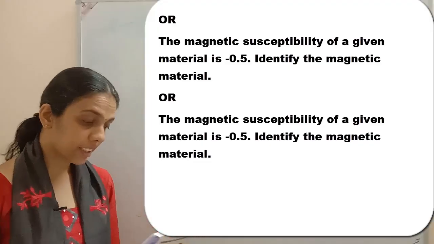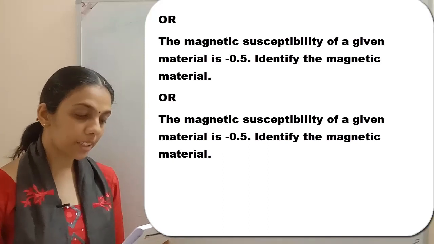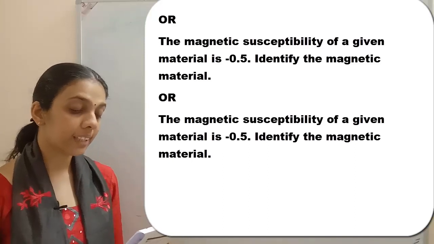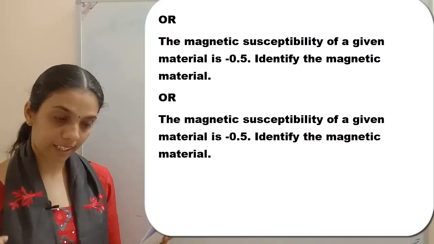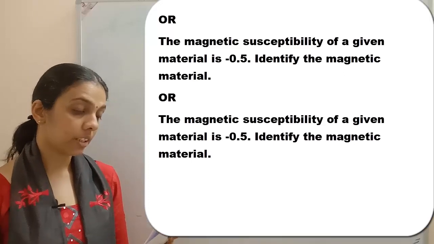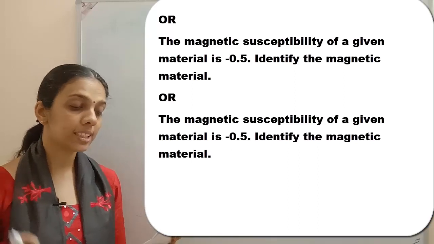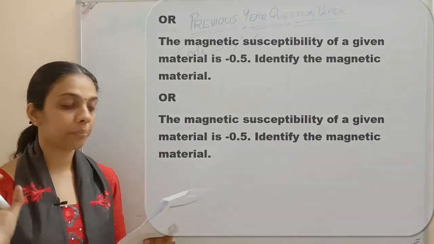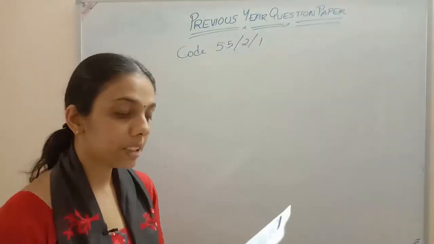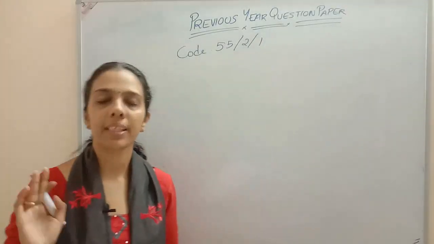Now the third one is the magnetic susceptibility of magnesium at 300 Kelvin is 1.2 into 10 to the power 5. At what temperature will its magnetic susceptibility become 1.44 into 10 to the power 5? So magnetic susceptibility is given, temperature also given.